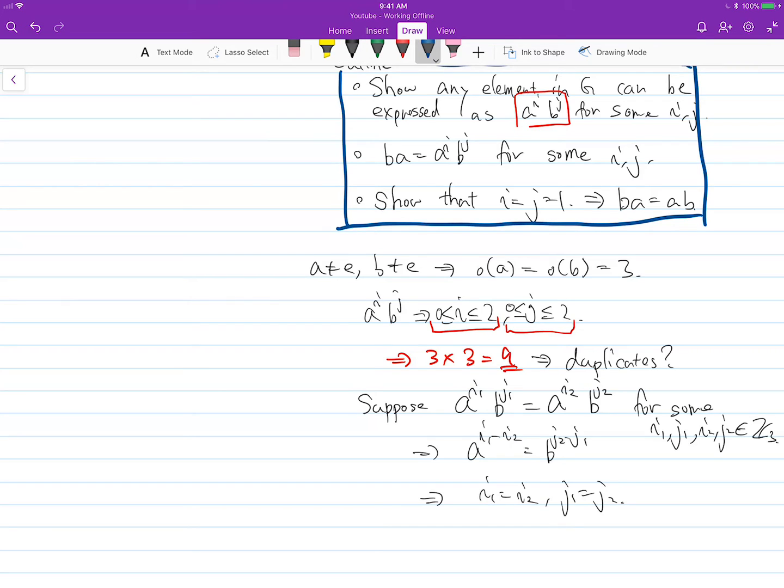For that, we're using the fact that, first, B is not in the cyclic group generated by A, and also the fact that A is not the identity and B is not the identity.